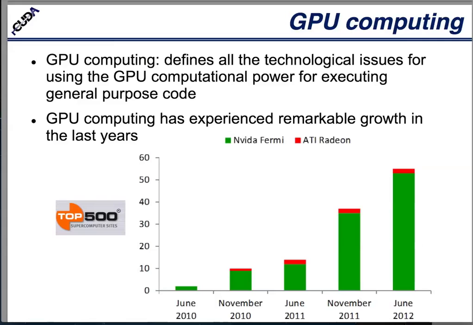Here you can see a typical plot of the Top500 supercomputers using GPUs, from June 2010 to June 2012. Before this list there was no supercomputer using GPU computing, and now the use of GPU computing in high performance computing is growing almost exponentially.